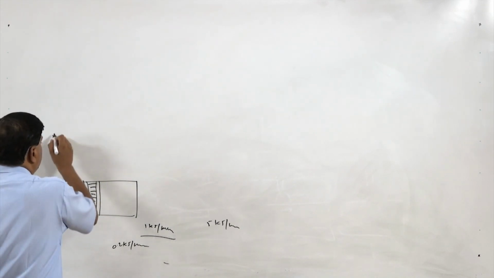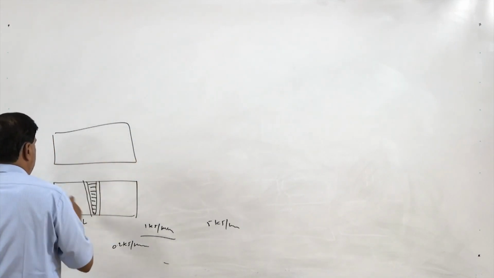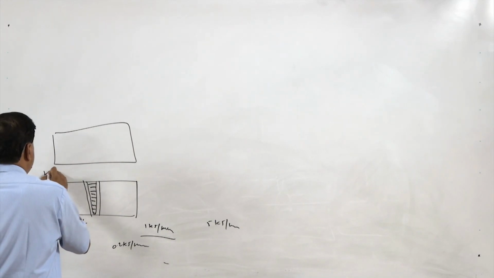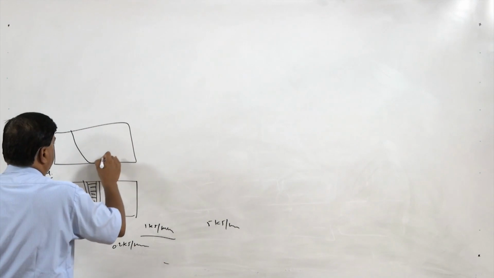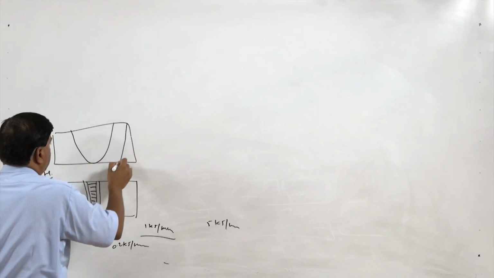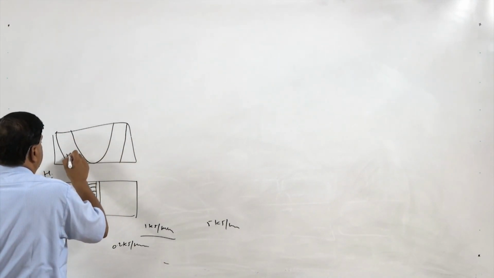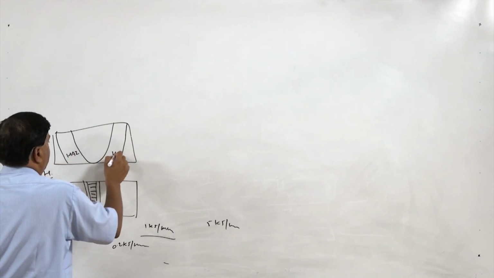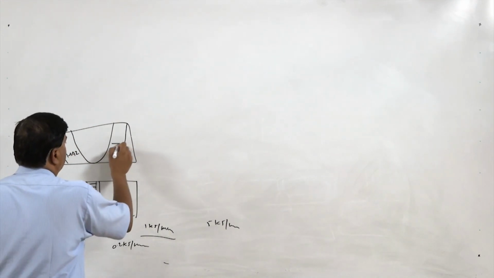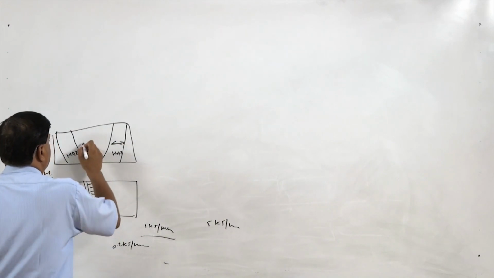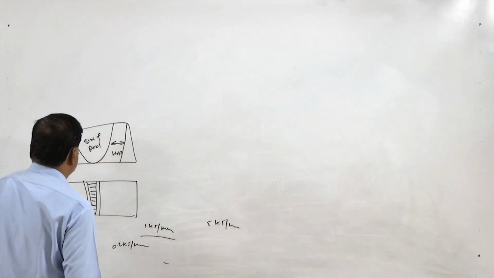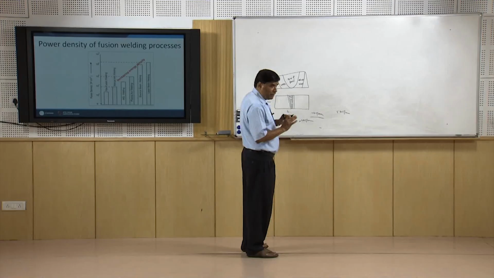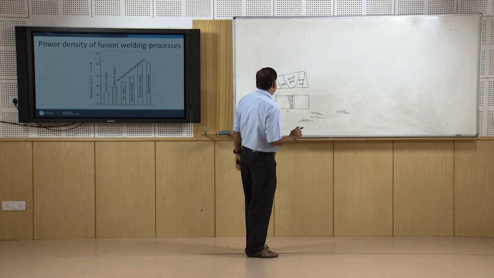But if you work with somewhat higher heat input, then the size of the weld will increase, and the size of the heat affected zone will also increase. So the width of the heat affected zone and the size of the pool will both increase. These two things play a big role as far as welding is concerned.